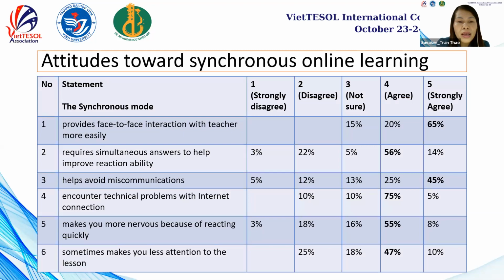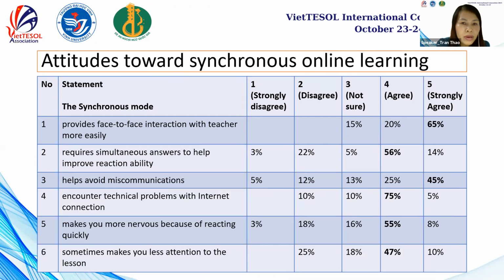Now, I also gave them the following questions about the attitude towards synchronous online learning. You can see here we have 5 columns, from strongly disagree to disagree, not sure, agree, and strongly agree. Now let's discover something related to the attitude of the participants towards synchronous online learning.